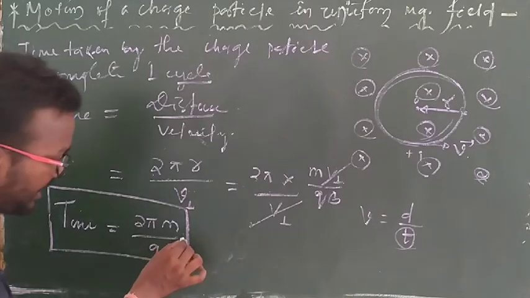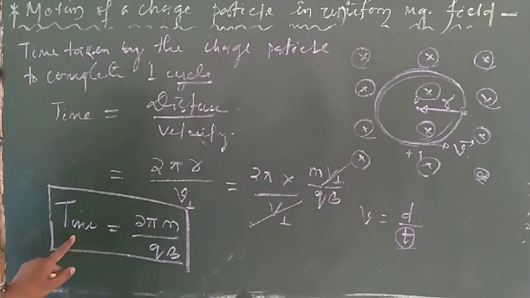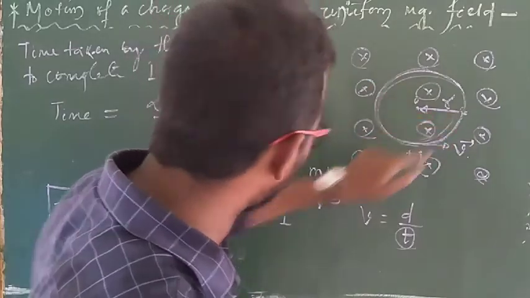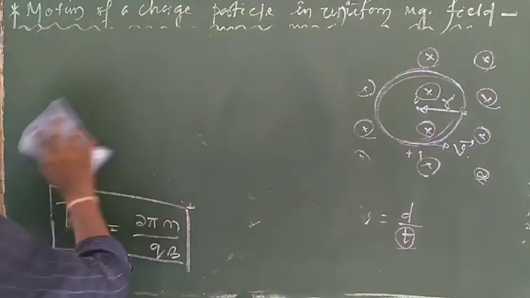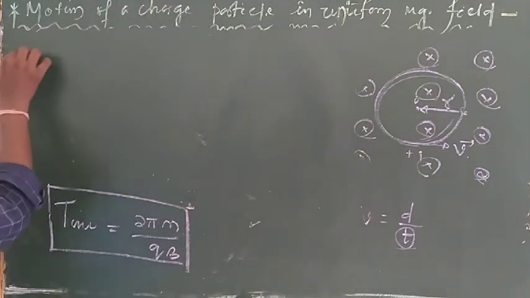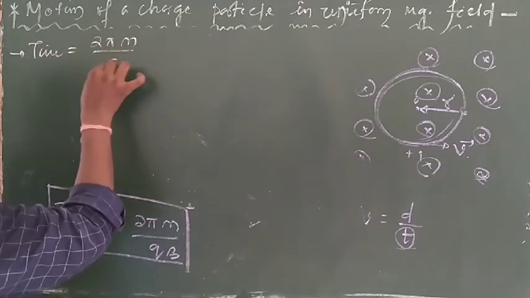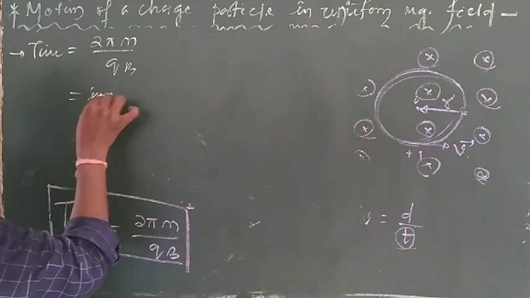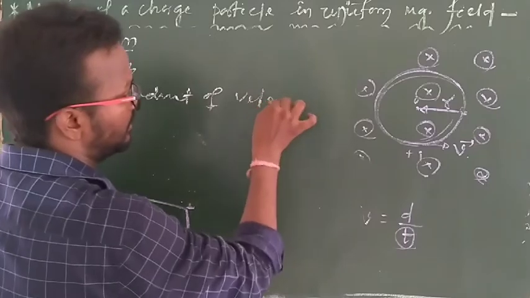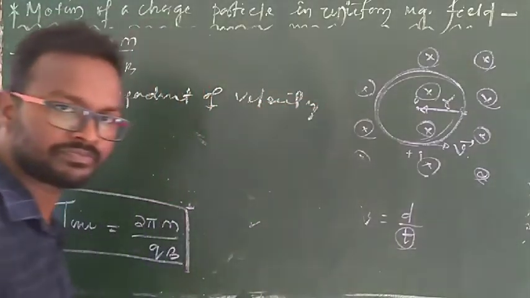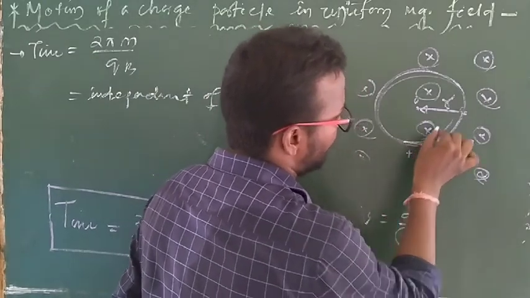This relation is independent of the velocity of the charged particle, which means the time taken by the charged particle to complete one cycle is independent of velocity. So this time is equal to 2 pi m by q b. If the initial velocity is small, then the path will be small.